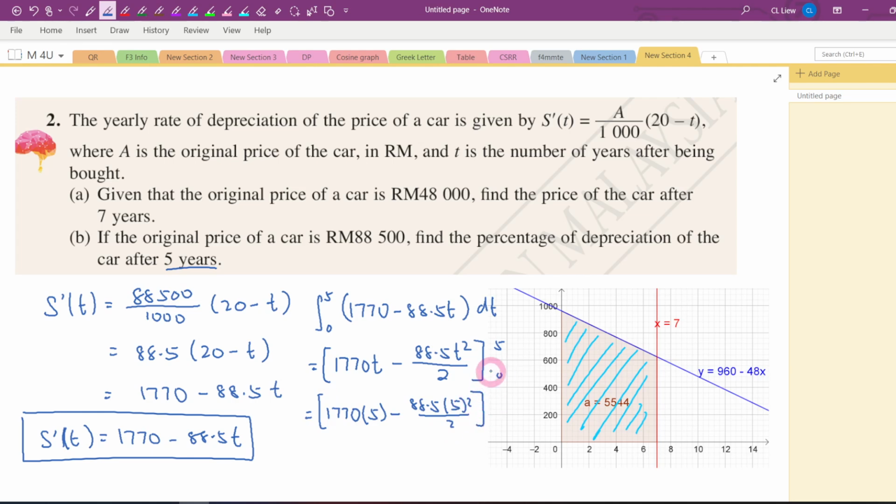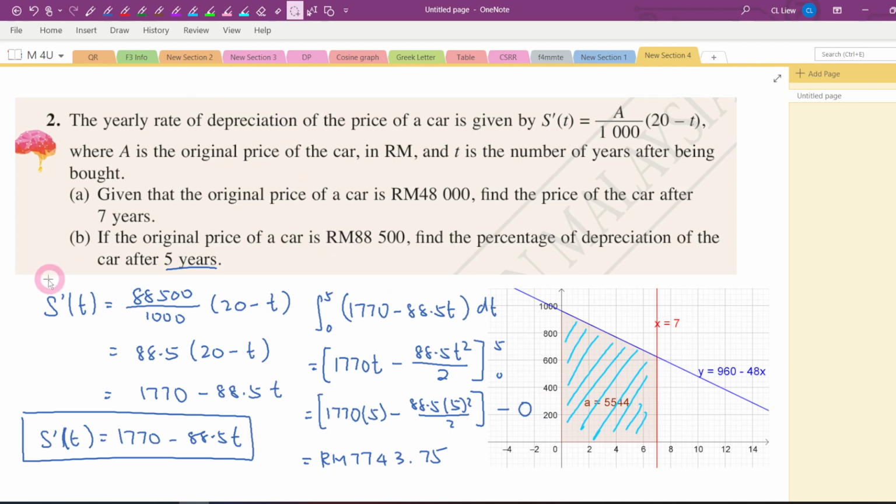And then if you bring in this lower limit, here you get 0, here you get 0. So here I'm going to write 0. Just press the calculator for this part. 1770 times 5, then minus 88.5 divided by 2 times 5 squared, which is 25. You will get 7743.75. This is the total amount reduced.